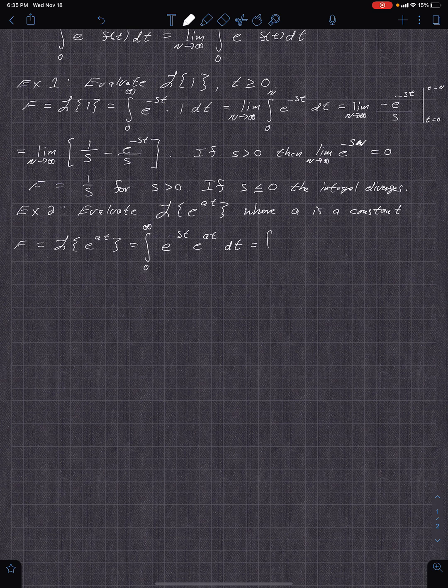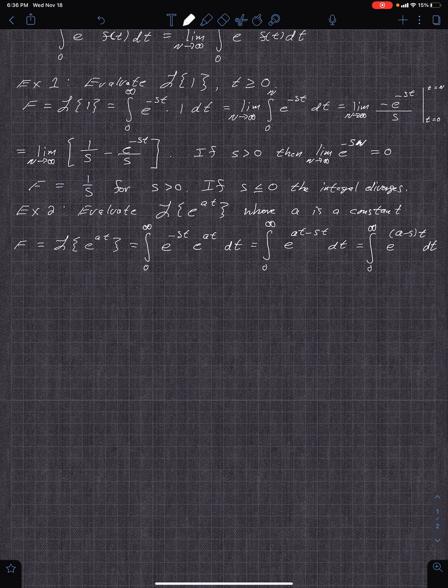So we combine those, you get e to the at minus st dt. And you can simplify that. That's the integral from 0 to infinity of e to the a minus s times t dt. And so if a minus s is negative, then the function will be going like this, and it'll converge. So that's what we're basically going on.